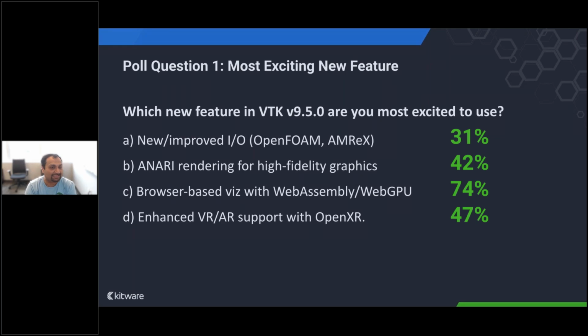As it stands right now, the clear topic of interest is WebAssembly and WebGPU, and it makes sense, being able to write portable code in C++ that can then be ported over to browser-side implementations. And then there is an even split between Anari rendering for high-fidelity graphics, as well as AR/VR support for OpenXR.